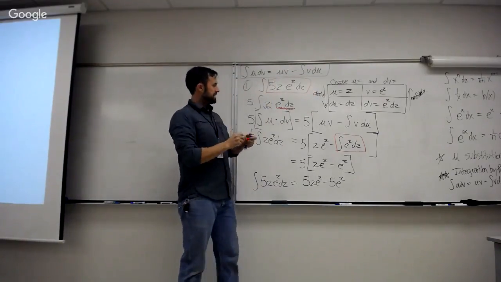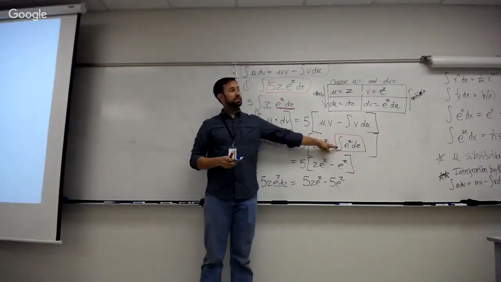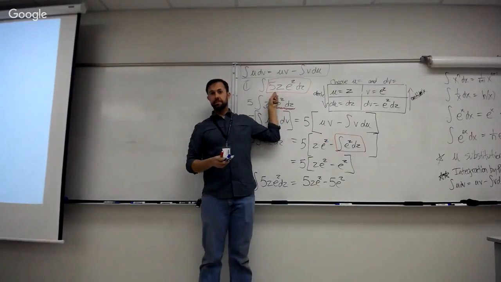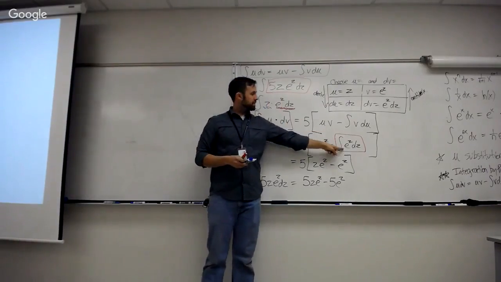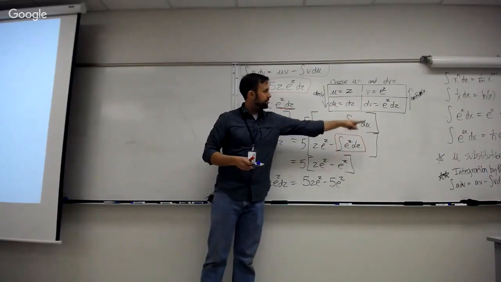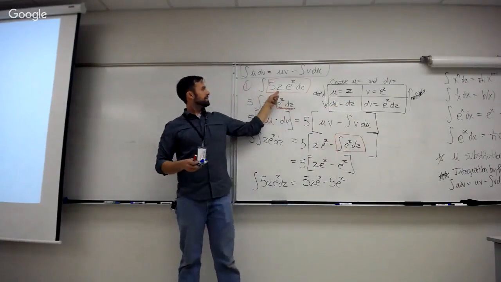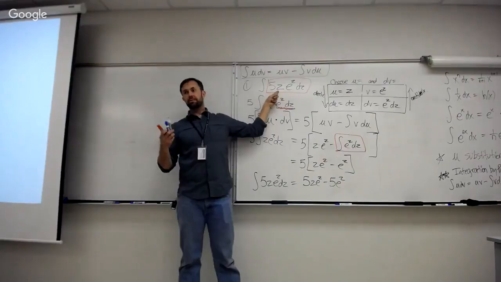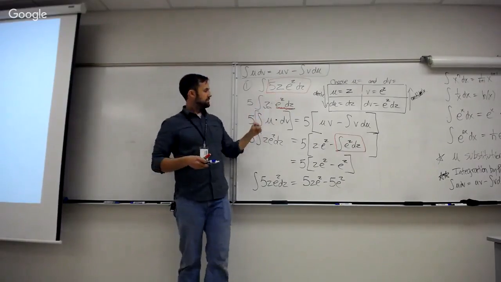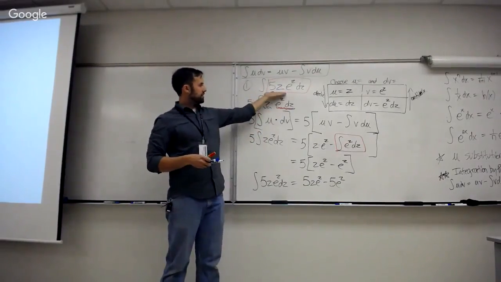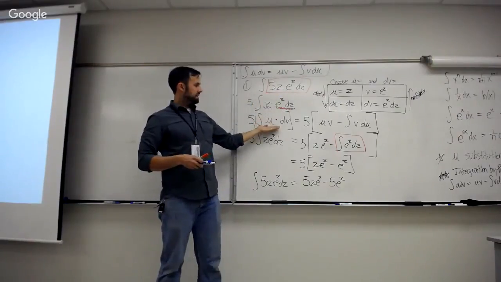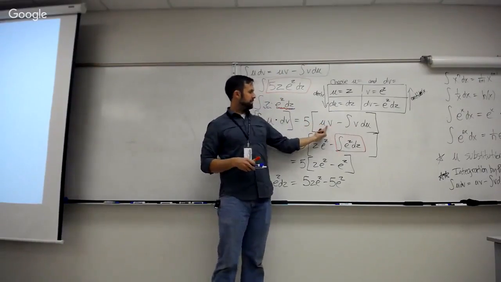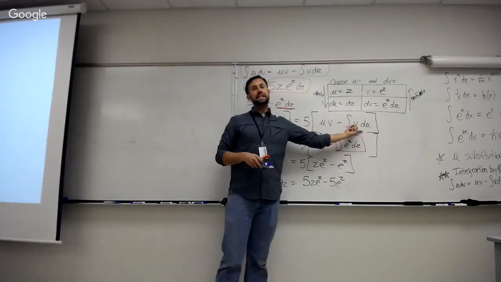It is easier because this one we have a formula for. It's one of our basic formulas. Whereas this one, there's another variable in there. We don't have a formula for doing it. So technically, we took a hard integral and rewrote it as the difference between a simple product and an easier integral.